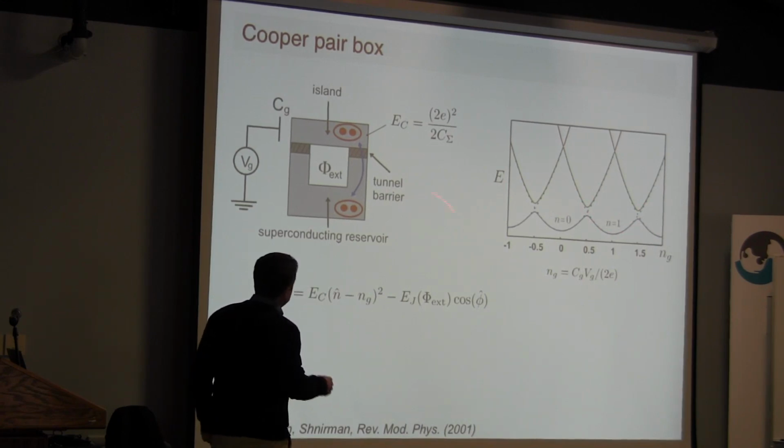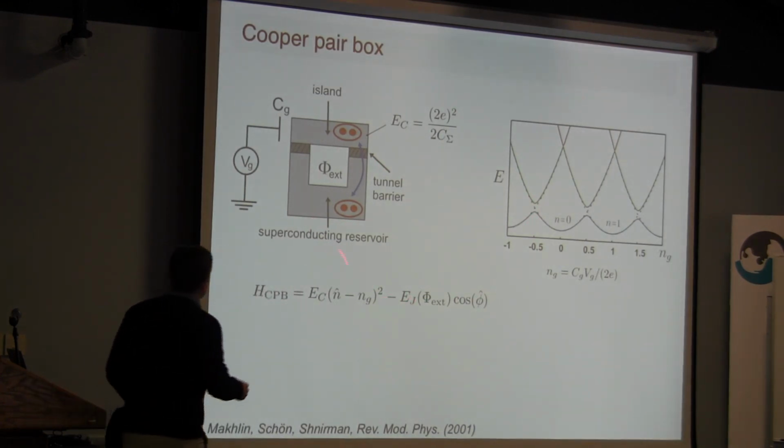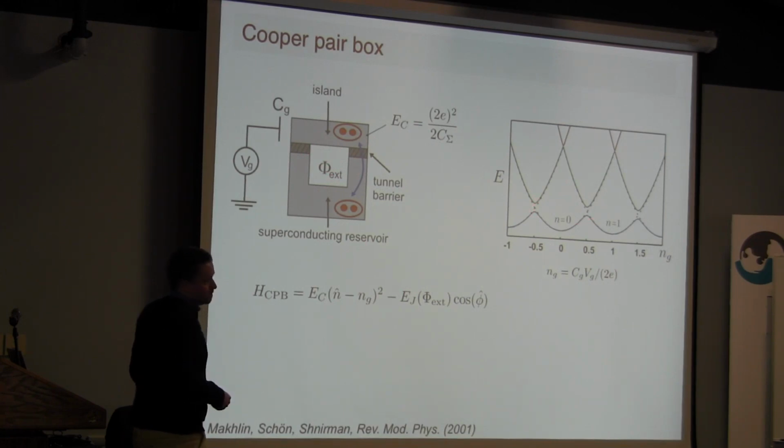If there's no tunnel barrier, this would just be these electrostatic parabolas, but because Cooper pairs can tunnel back and forth between the lead and this island, there's now a splitting, given by the Josephson energy. As a remark, by putting additional flux through this device, in this loop configuration, I can change this effective splitting.